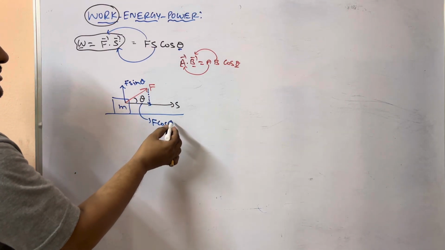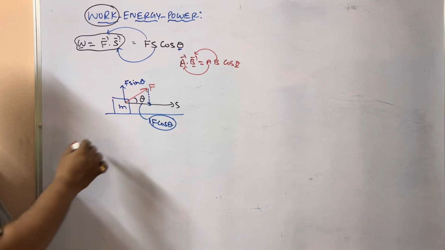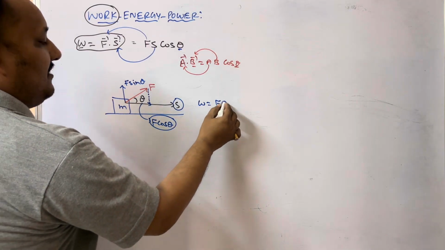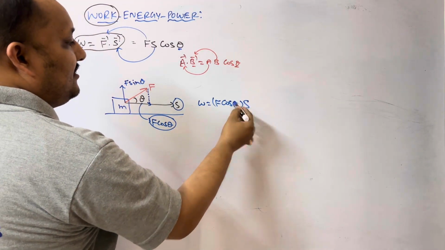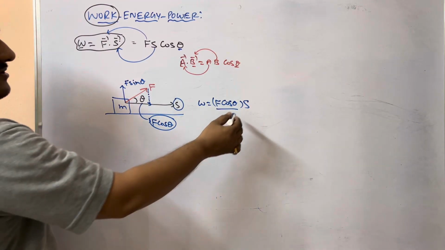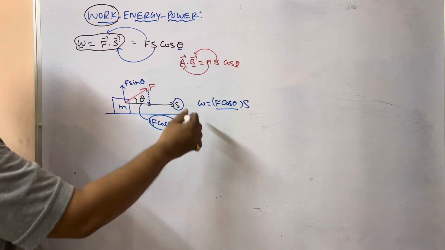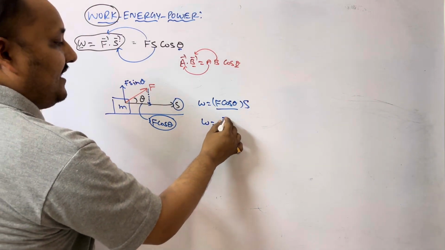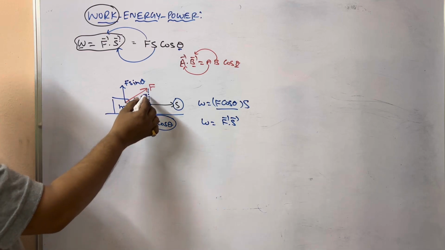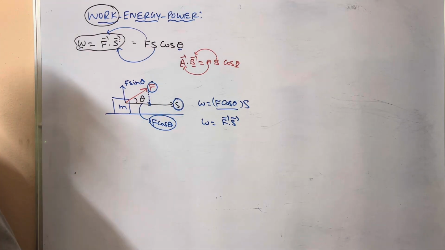Now work is done by F cos theta because the displacement is in that direction. Therefore, W equals F cos theta into S. It is the product of one component of the force and the displacement in that direction. So this one we write as F bar dot S bar. Theta here is the angle between force and displacement.